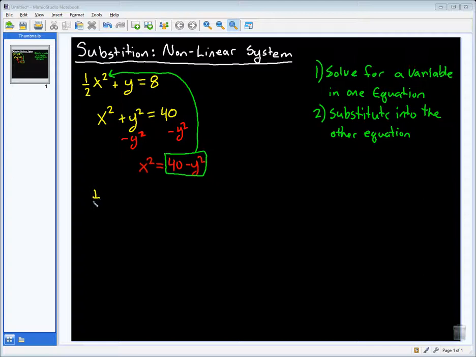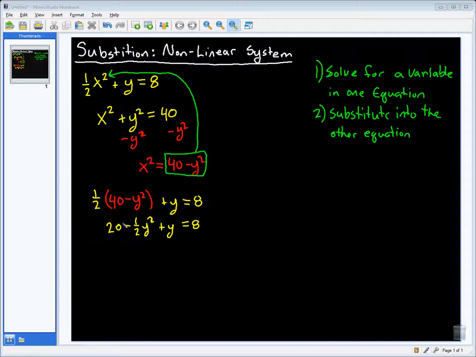So I'm going to have 1/2 multiplied to my x squared, which is 40 minus y squared, and then I have plus y equals 8. Now I'm going to distribute the half, and I get 20 minus 1/2 y squared plus y equals 8.